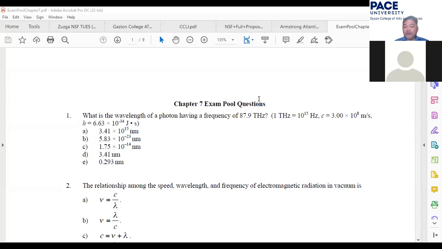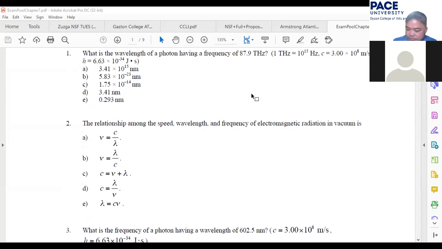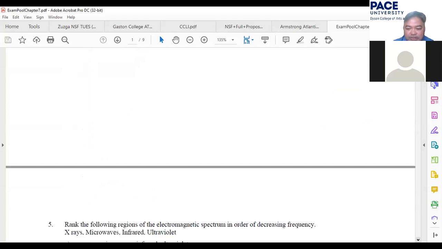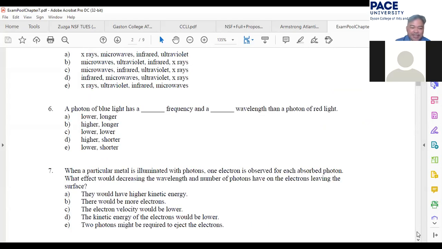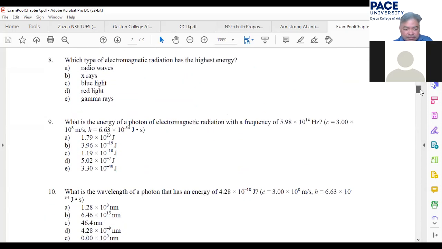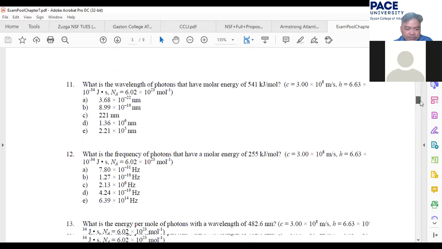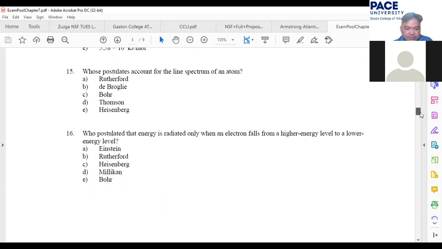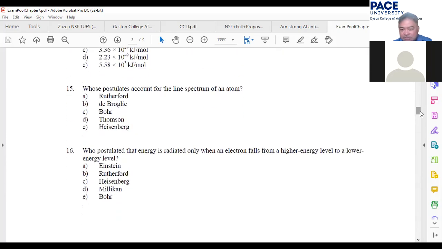I would suggest you go over them. I'm just trying to give you more examples on how the questions would look for these quantum numbers. As you could see here, this one, I may not ask you about this in terms of the order. I don't want you to memorize, okay?